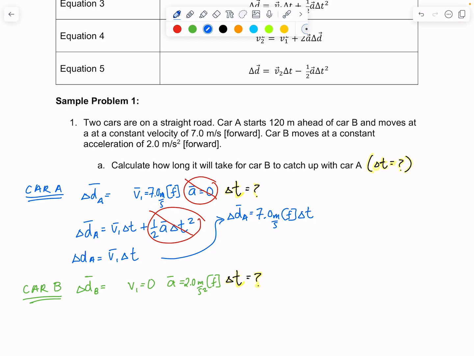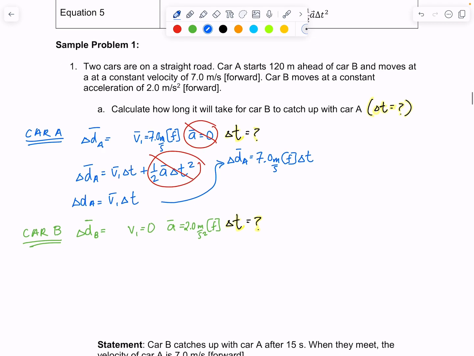For car B, let's put in all the information we can know. Again, we're going to use equation number 3, which is V1 delta T plus 1/2 A delta T squared. In this example, we know that it starts from rest, so this term cancels out.